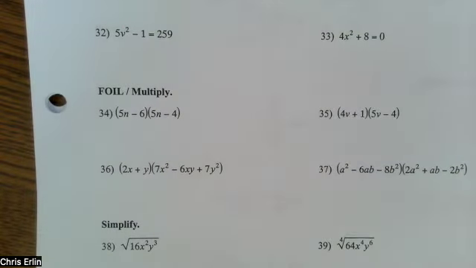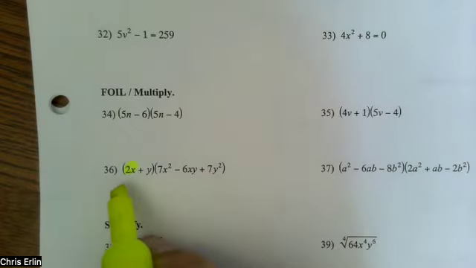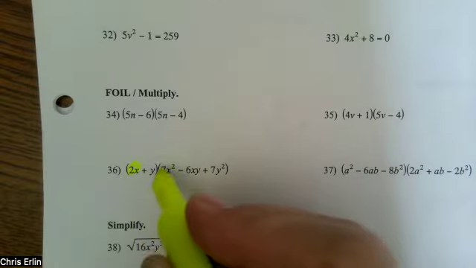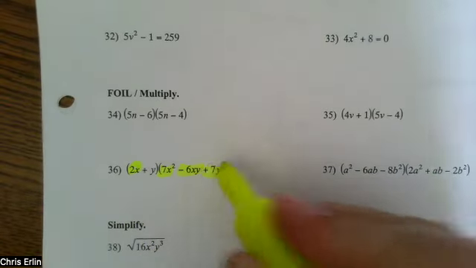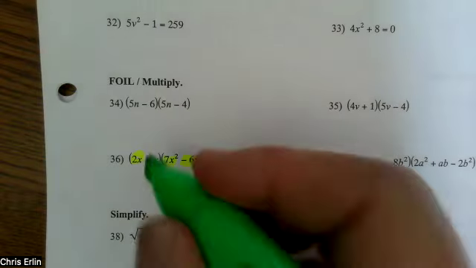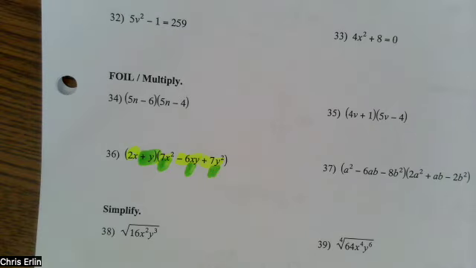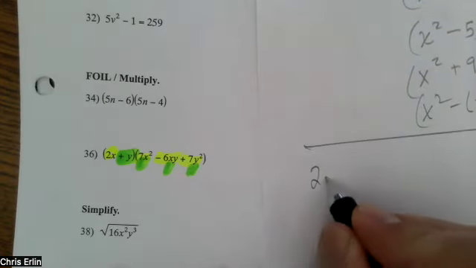So what that tells us is, for example, we're going to take this 2x here, and we're going to distribute it across each term in sequence. And then we'll come back and take the second part, y, times each term. I'm going to do this one here because I think this is worth a little bit of focus.